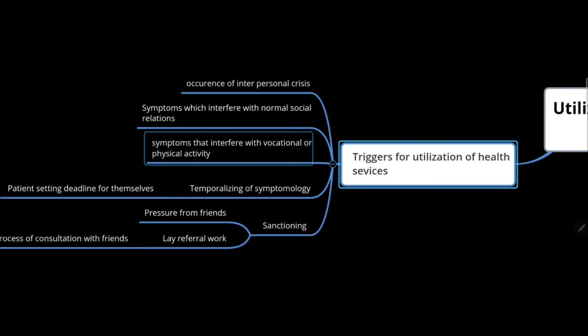Coming to the triggers for utilization of health services. The triggers include occurrence of interpersonal crisis. Now what does this mean? Suppose the patient does not know that his disease is significant; he thinks this is a very minor symptom, but then he realizes that everybody in his community has this disease.